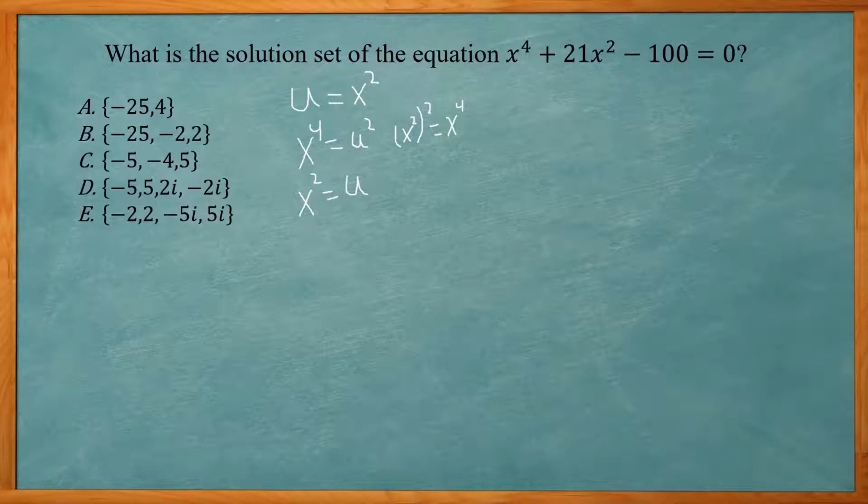So I'm going to rewrite this equation as u squared plus 21u minus 100 is equal to 0. Now if I look here, I can try to see if I can factor it. I need two numbers that multiply to give me 100 and add up to 21.